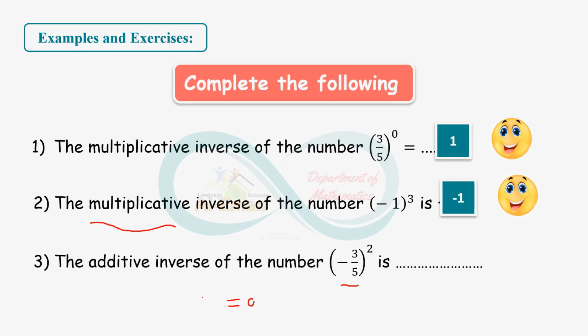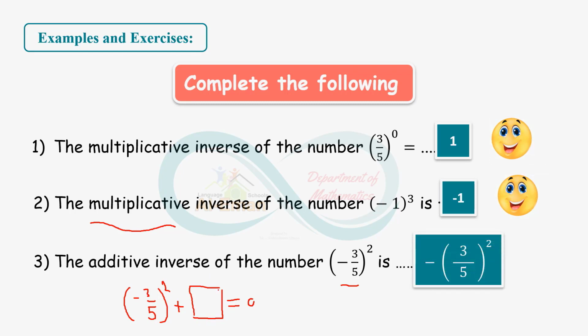So we need the number here: if we add it to our number, -3 over 5 all to the power 2, to give you 0. Bravo. It is -3 over 5 all to the power 2, because this number is to the power 2 and 2 is even, so it will cancel the negative sign.